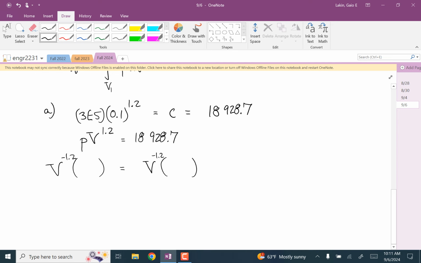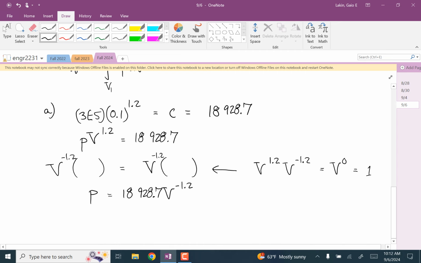And that's going to give us P is equal to 18,928.7 times V to the negative 1.2. And the reason that we're doing that is that volume to the 1.2 times volume to the negative 1.2 is equal to volume to the 0, and that's 1. Okay?